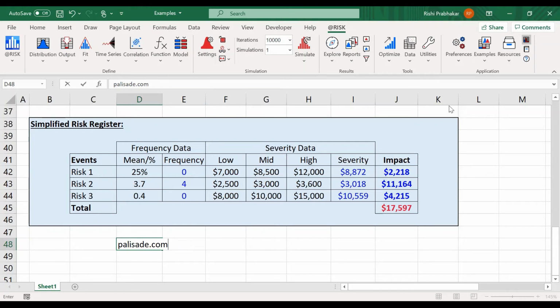So in the last box, Rishi, fabulous presentation, by the way. You have summed risks 1 through 3. Does this implicitly assume that these risks are not correlated? Very good question. Yes, it has, but it only assumes it because I haven't told it to correlate.